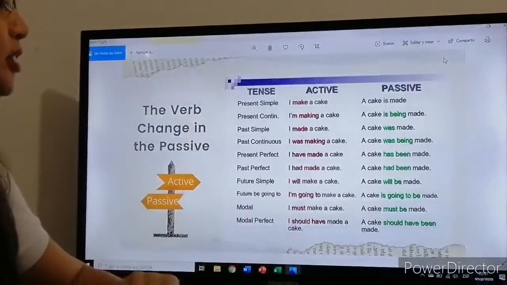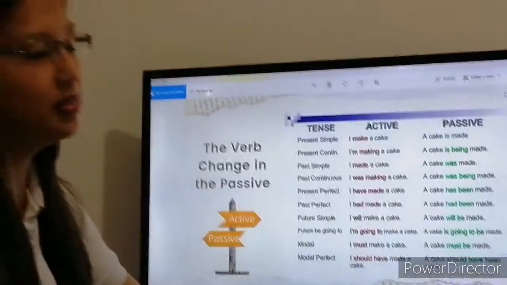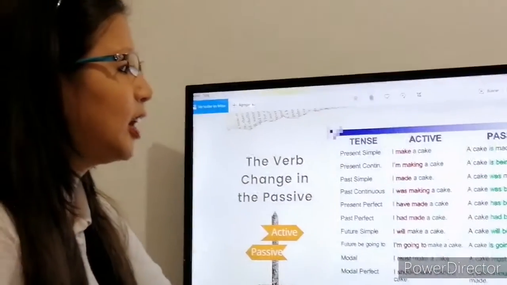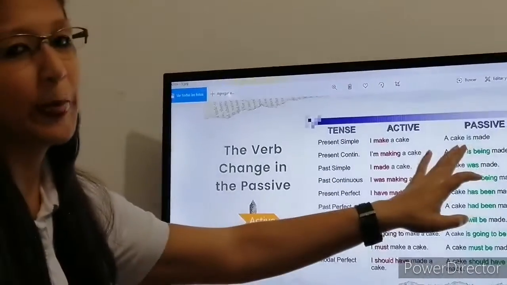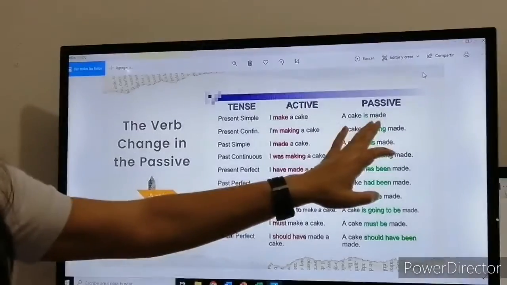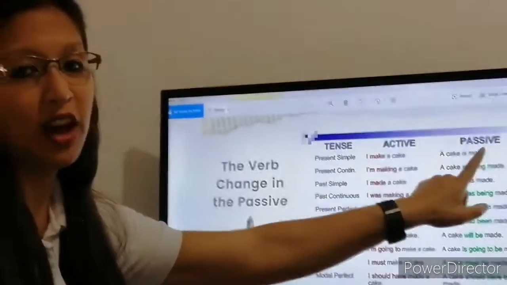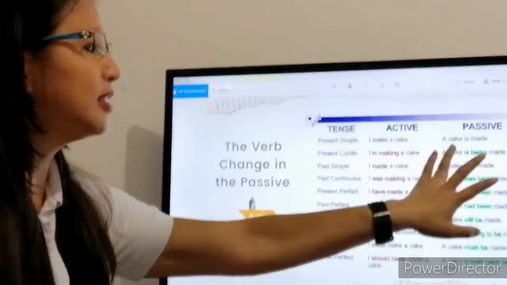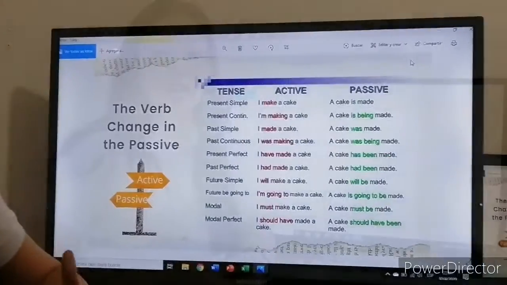And in the passive, the verb is saying that a cake is done by someone else. We're not saying the agent. So in this sentence, it's not necessary, and we can understand the sentence.